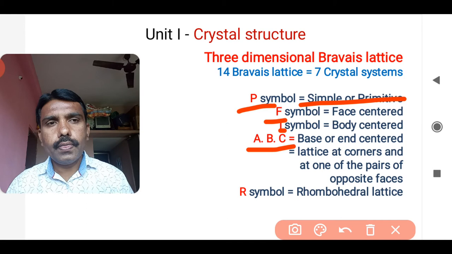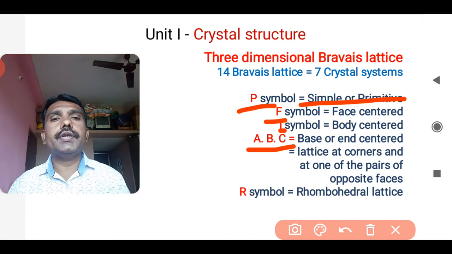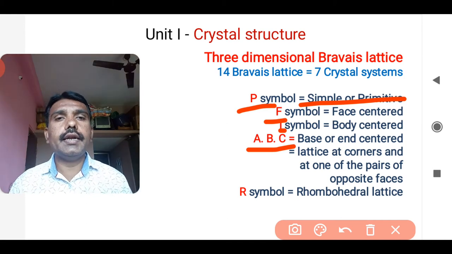This is the symbolic representation as far as the three-dimensional lattices are concerned.